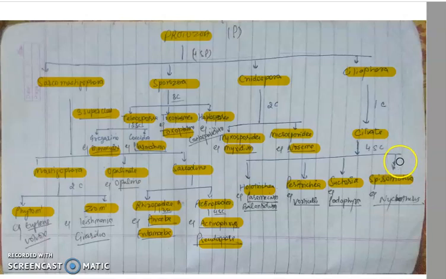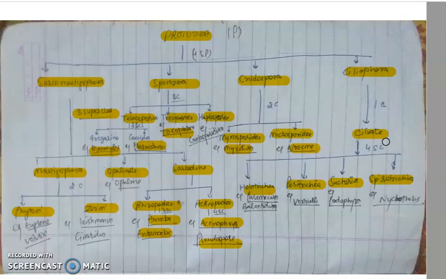The cilia also help in feeding at some stage of the life cycle of the animal. And in this class, the nucleus is dimorphic, that is two types of nuclei are present, micro and macro. One is smaller in size and the other is larger in size.